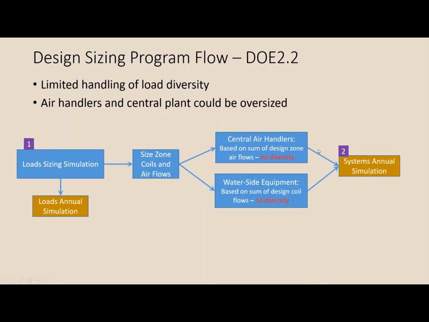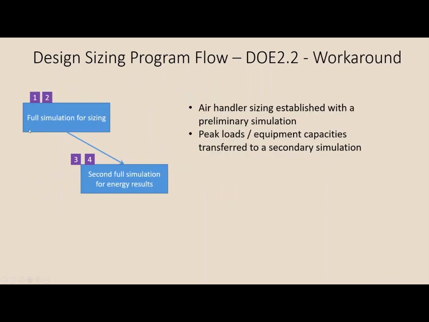So some people over the years have done a workaround for that problem where a separate simulation is done for sizing, and then peak loads are extracted from the sizing simulation, and sizing factors are applied to those peak loads, and then a secondary set of simulations is done to get the final energy results.